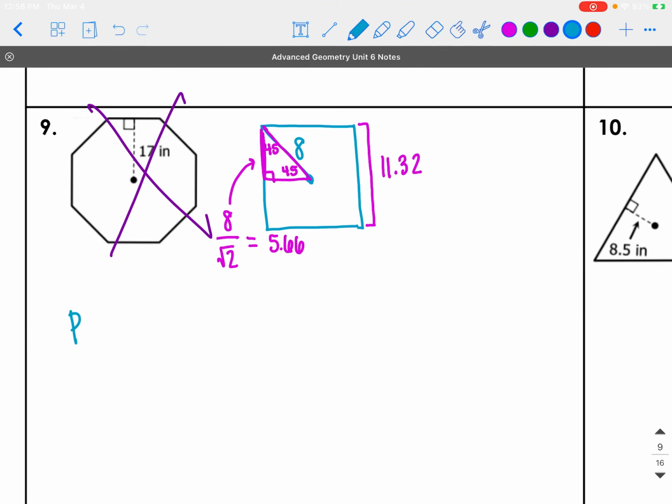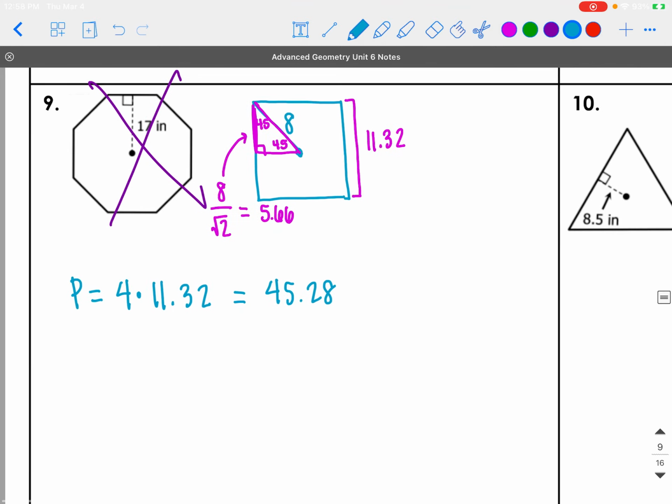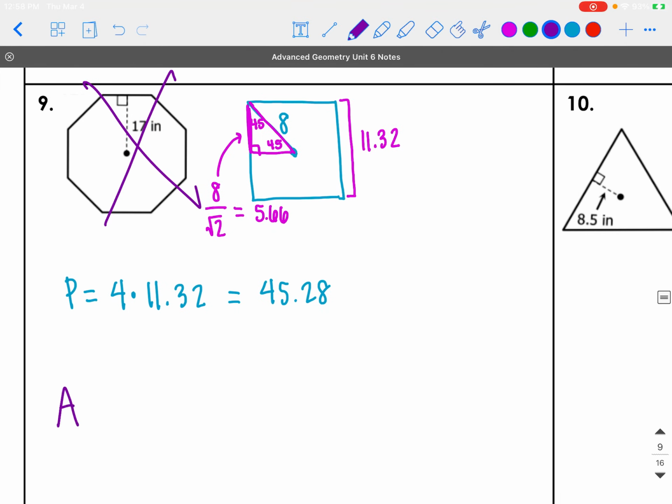So I can use that to find the perimeter. 4 sides, each one is 11.32. We get 45.28. And for the area, half times my apothem. Oh, my apothem right here is also 5.66.